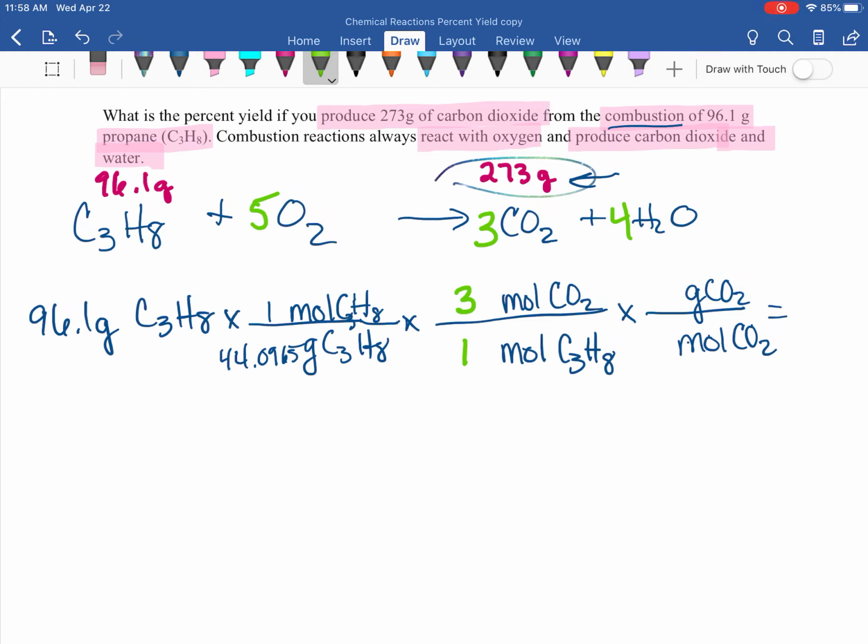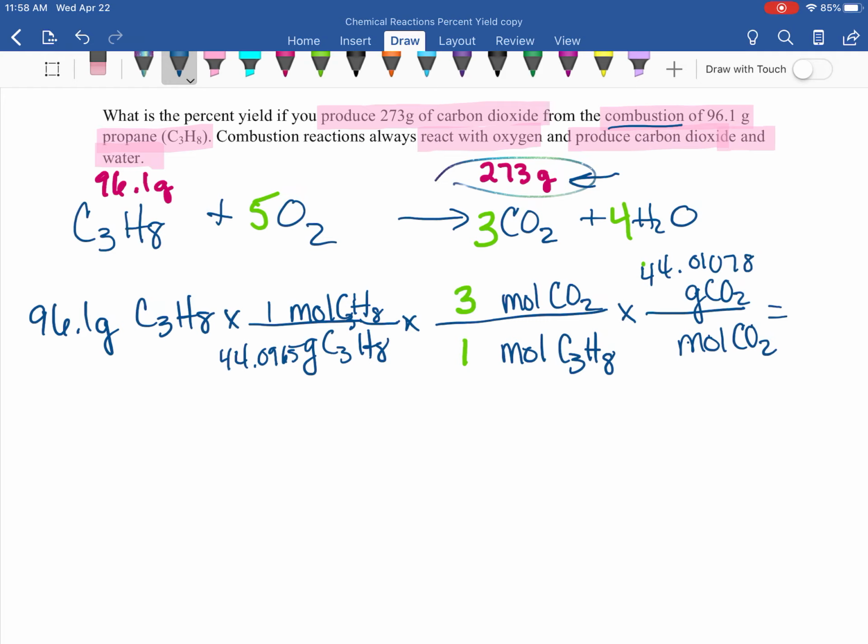And then let's put in our molecular weight of carbon dioxide. That is 1 carbon plus 2 of our oxygens. And I get 44 for this one as well. So I am getting 44.01078.